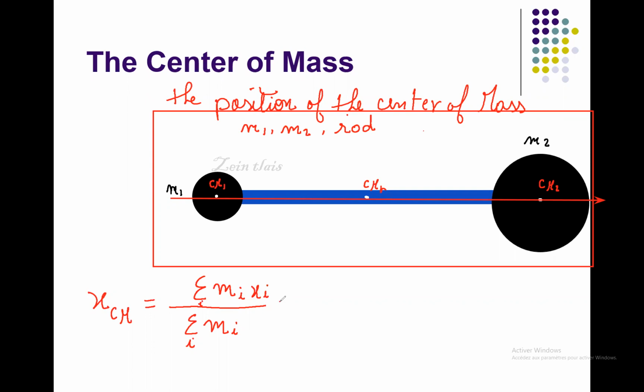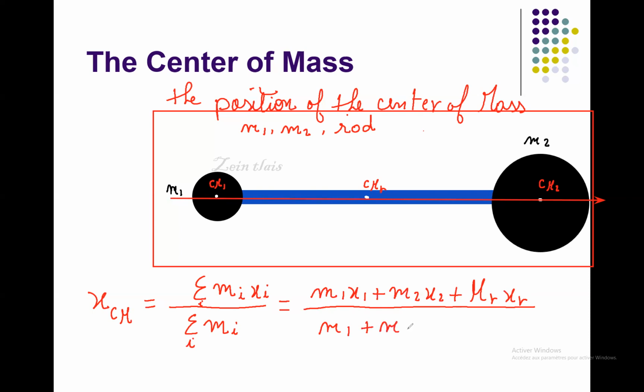What I mean by this relation, you can write summation of m_i x_i, it means we have m1 x1 plus we have m2 x2 plus we have, let's say, m capital, we can say m_r x_r, divided by m1 plus m2 plus m_r.